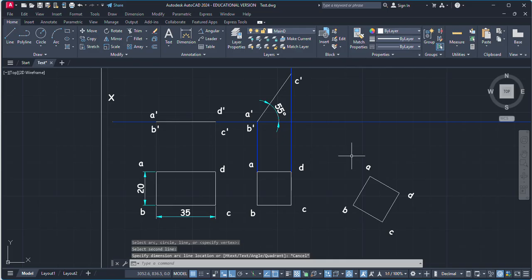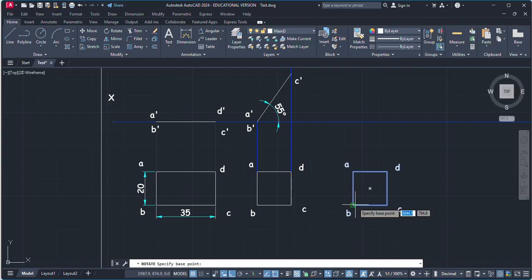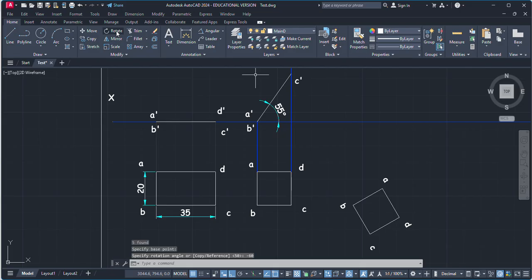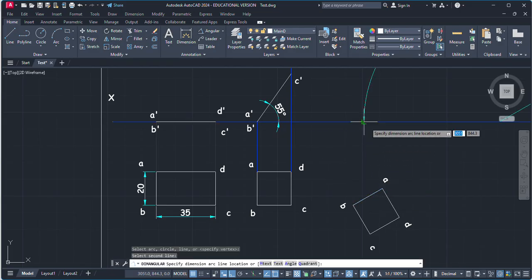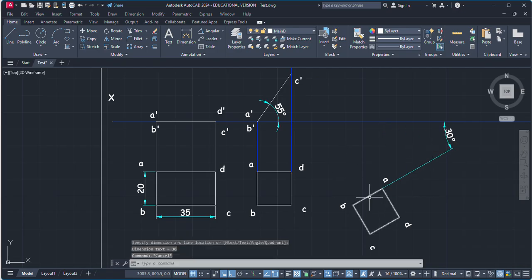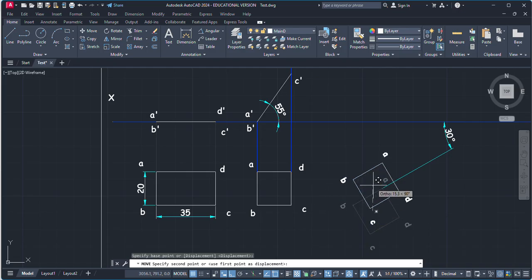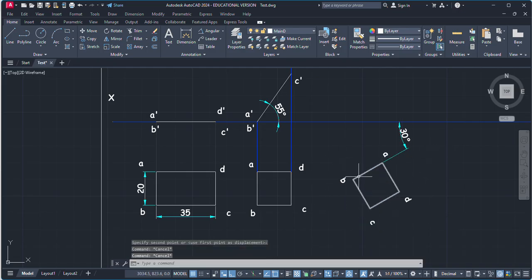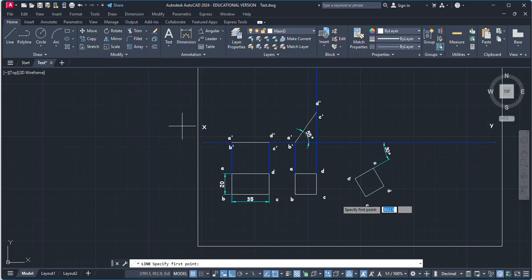Oh, it is 60 degrees. I can see after rotation our AB resting edge is inclined at 30 degrees with the VP. Okay, now you can trace out the remaining part.